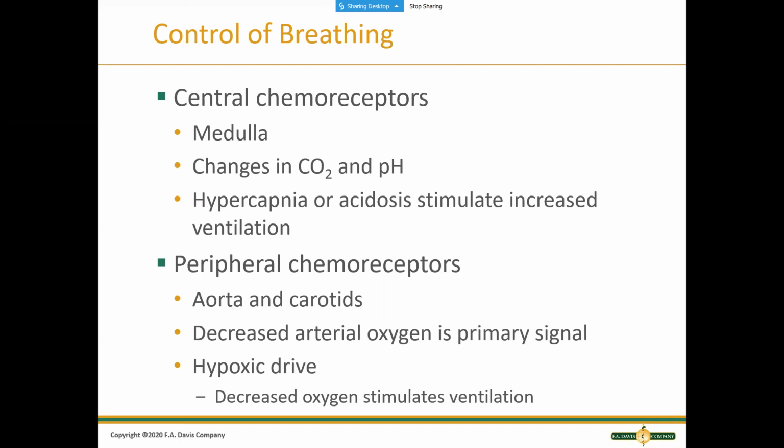That's why oxygen technically is a medication that requires a doctor's order. Oxygen is a med, requires a doctor's order. Don't just be putting oxygen on people all willy-nilly without thinking about whether you have a doctor's order for it.